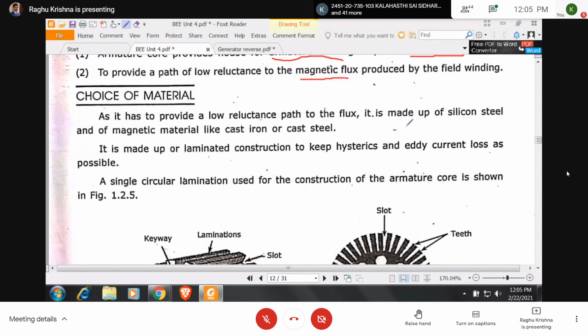So to this magnetic flux, it provides a low reluctance path.